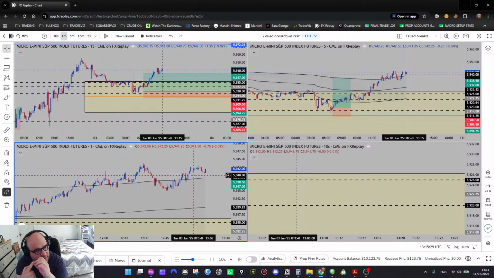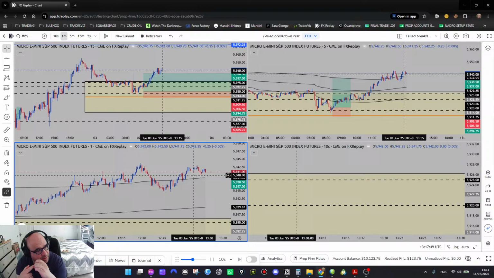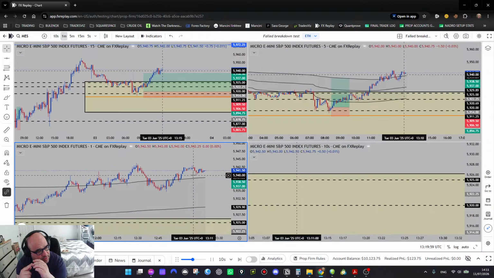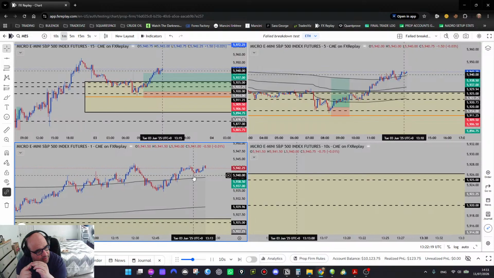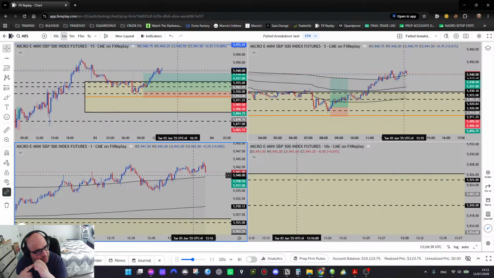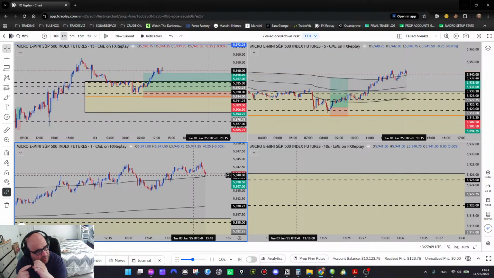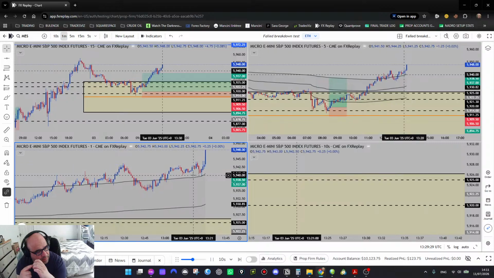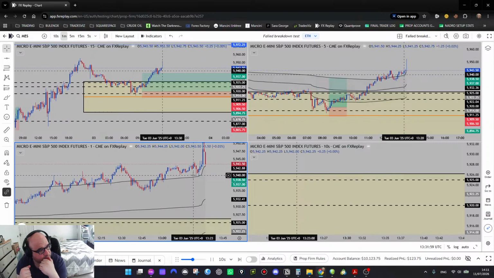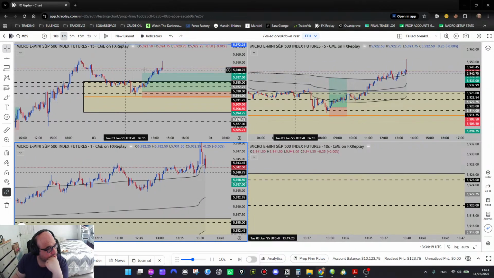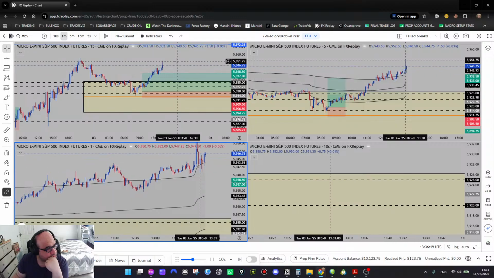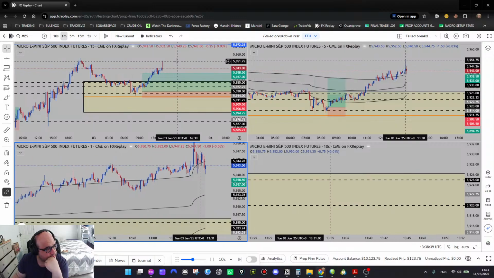Nothing much. We just see now an accumulation just above the way high. Probably it's gonna go higher. Oh, there we go. So we can see price now just actually tested the 59.41.